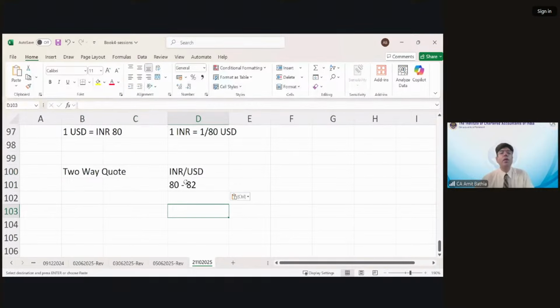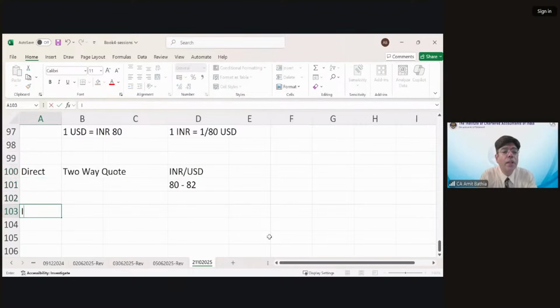This is a direct quote given to me, INR to USD of 80, 82. This is a two-way quote, ask and bid price given to me. I want to convert this into indirect quote, or indirect two-way quote. How do I convert this?